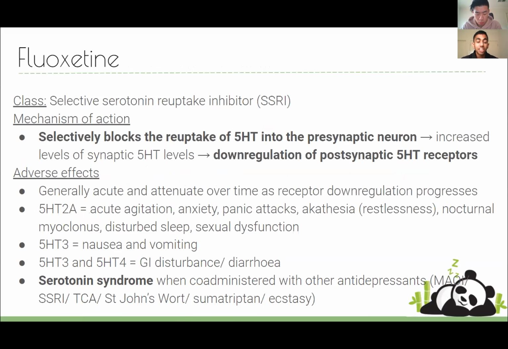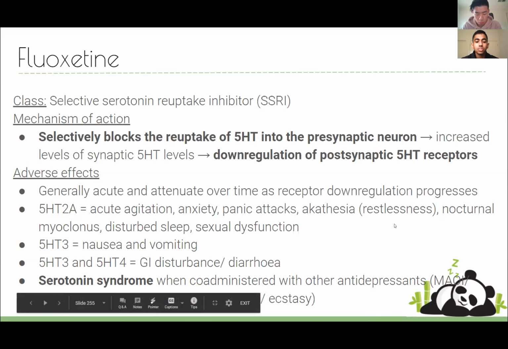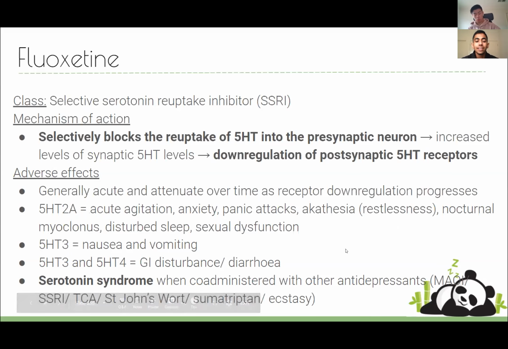So it's going to selectively block reuptake of serotonin into the presynaptic neuron. So you're going to get increased levels of 5-HT, and then it's going to downregulate those postsynaptic receptors. You don't need to know the specific side effects, but you need to know that, again, you can get serotonin syndrome if you combine it with other drugs or if you're not dosing it properly.